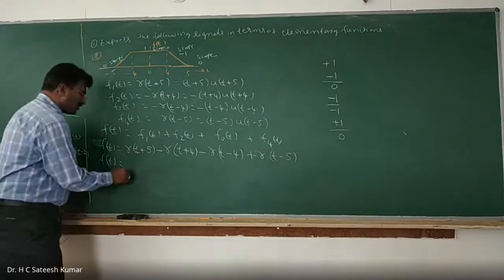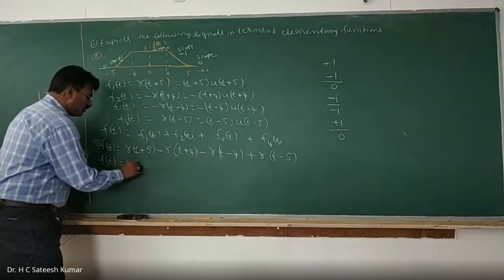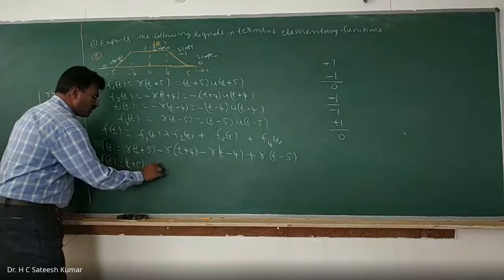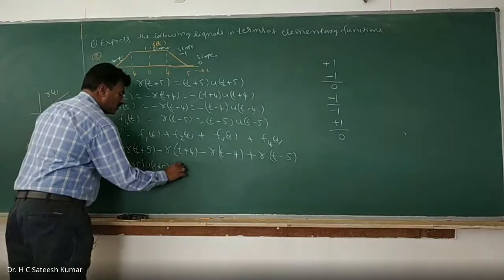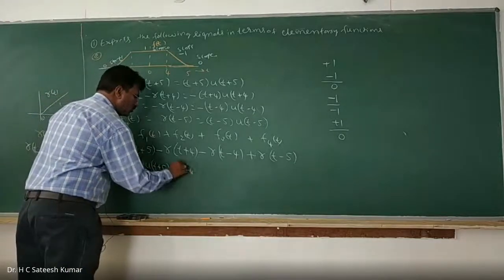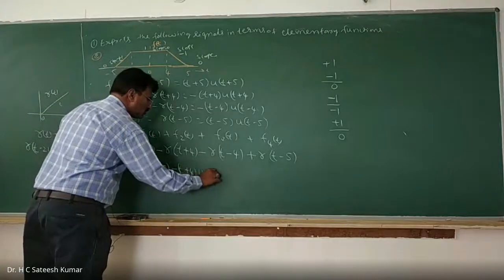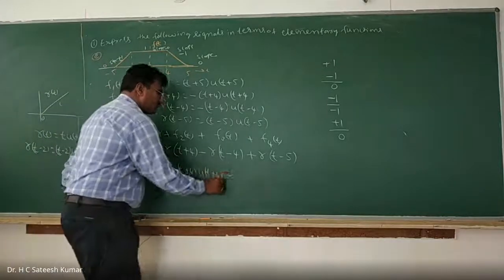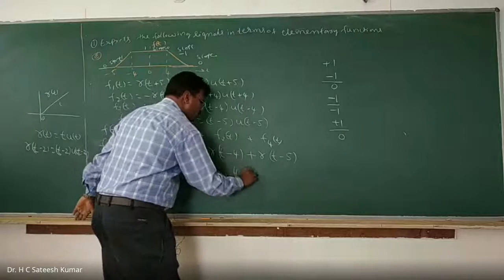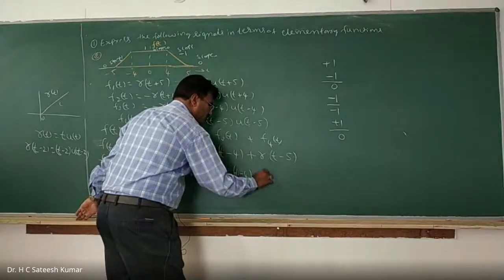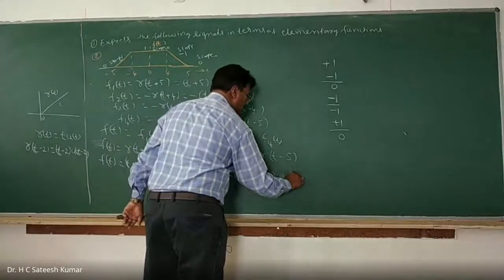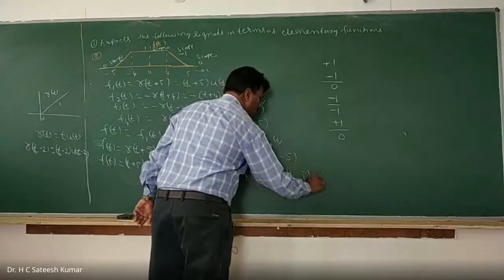So therefore, f of t is t plus 5 into u of t plus 5 minus t plus 4 into u of t plus 4 minus t minus 4 into u of t minus 4 plus t minus 5 into u of t minus 5.